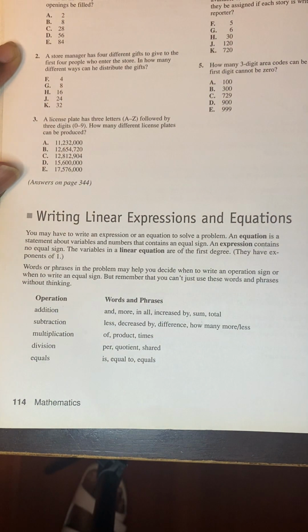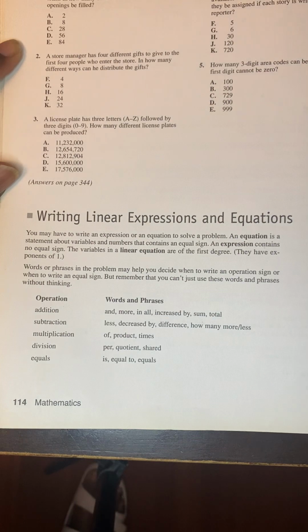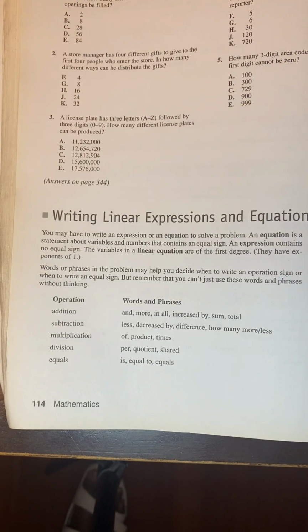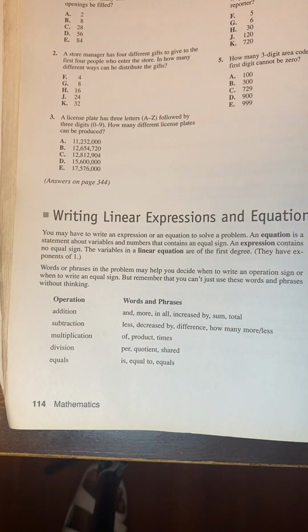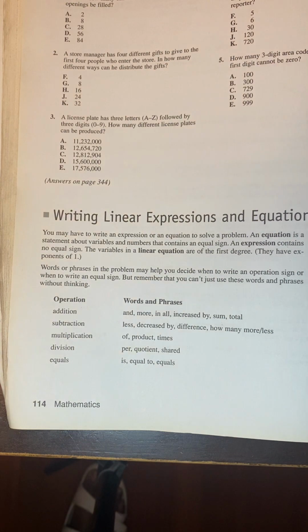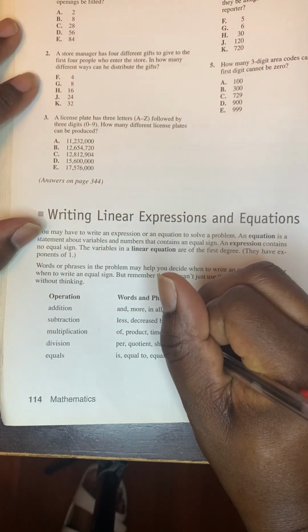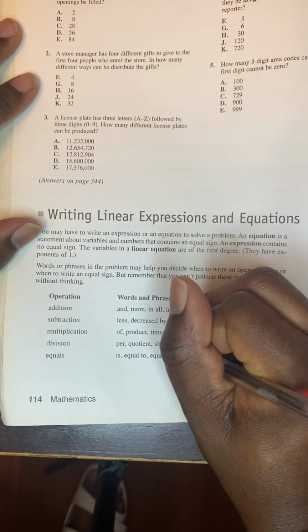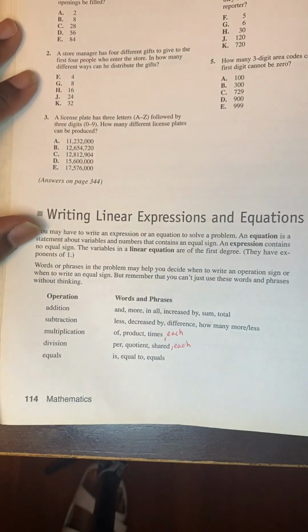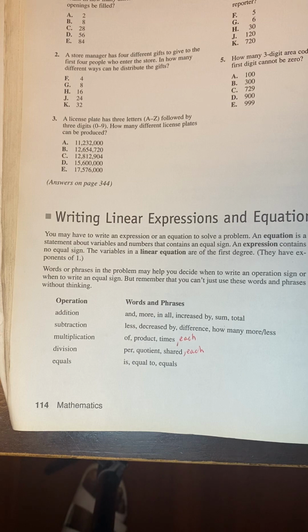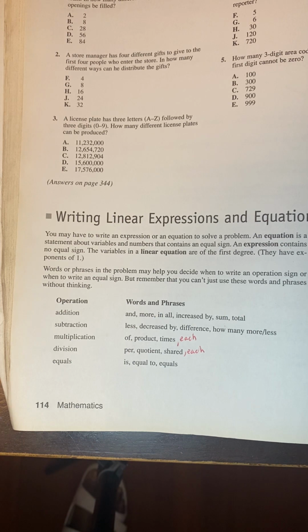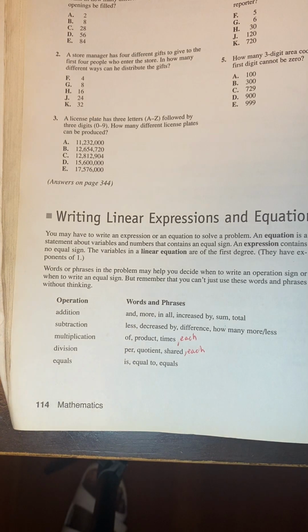Division, they use the words per, quotient, and shared. There's one more word I want to add in here, and it's a similar word for both multiplication and division, and that is each. You just got to read the sentence to understand the context of the problem to know if the each means multiplication or does the each mean division.